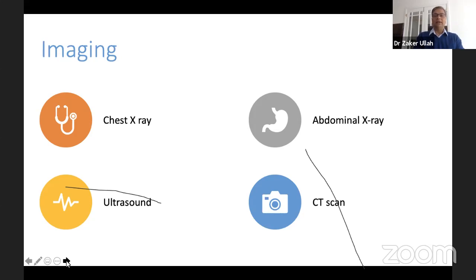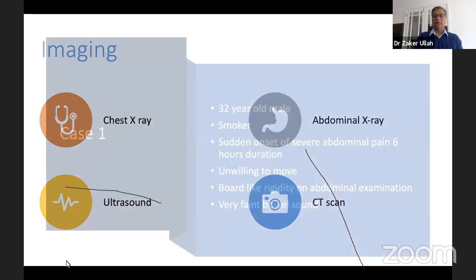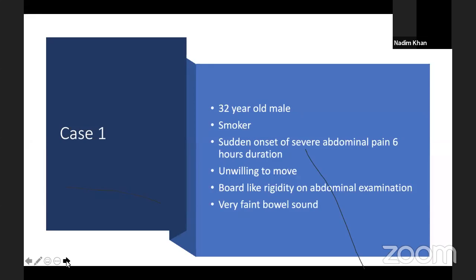If you open up somebody's appendix, especially in Western countries, and it turns out not to be appendicitis, then legally, they can sue you. So remember, if you have got facilities for a CT scan, when you are in doubt, and your other parameters are not saying that it's appendicitis, it might be something else, then please do a CT scan. So that was my initial talk.